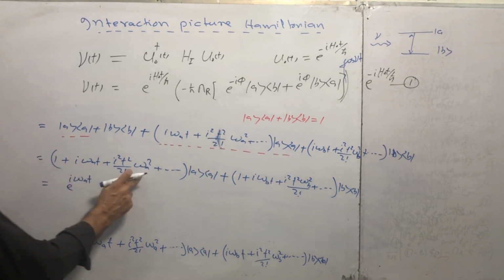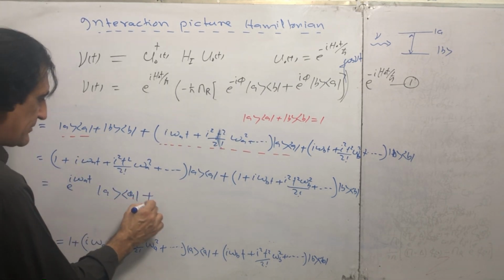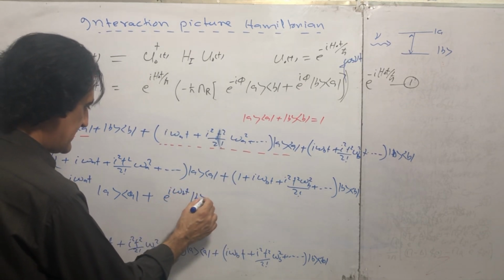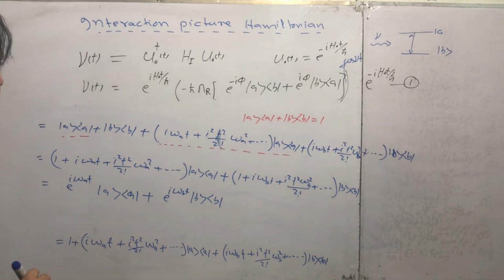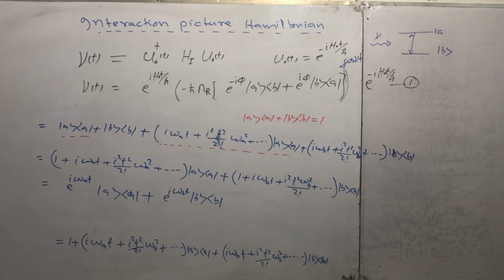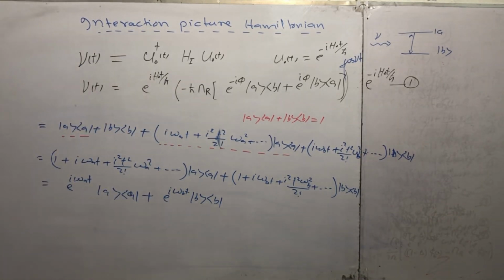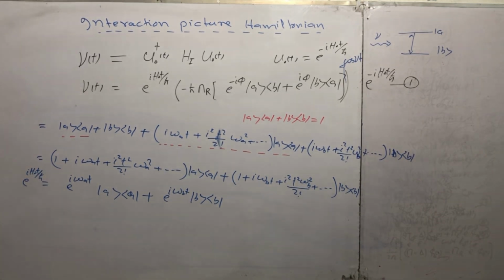This is the exponential of this, and A A plus this is the exponential of iota omega b t and B B. So finally, we derived this exponential term, e to the power iota H naught t divided by h cut here.